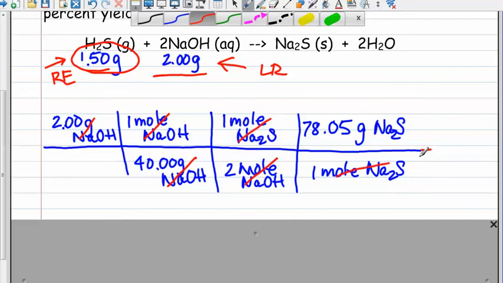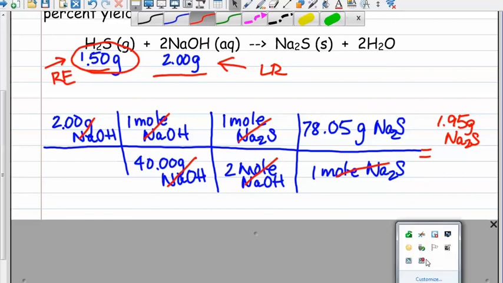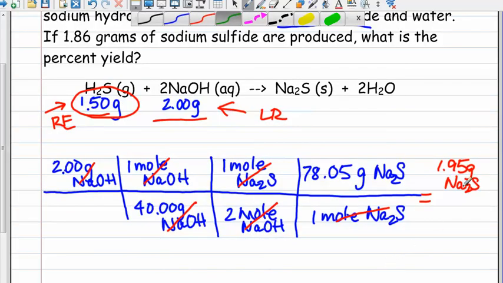And so if I put this through in my calculator right now, you should find you get an answer of 1.95 grams. Now, since I started with my limiting reagent and I worked through the conversion over to my grams of product, this would be my theoretical yield of the sodium sulfide solid.